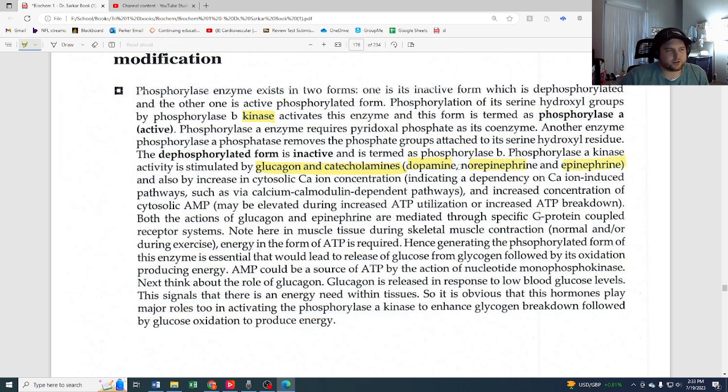Remember, epinephrine is referred to as adrenaline, and norepinephrine is noradrenaline. It is also stimulated by an increase in cytosolic calcium ion concentration, indicating a dependency on calcium-induced pathways, such as calcium-calmodulin dependent pathways. You'll learn about these pathways next trimester in Physiology 2, talking about the muscle and how signals propagate and how they use calcium in both smooth and skeletal muscle.